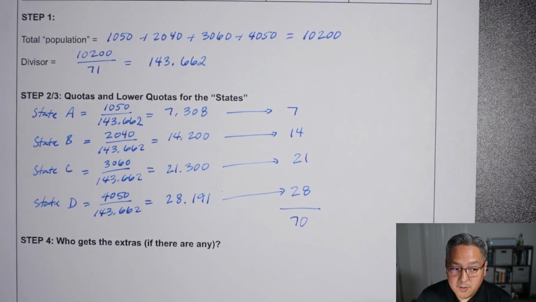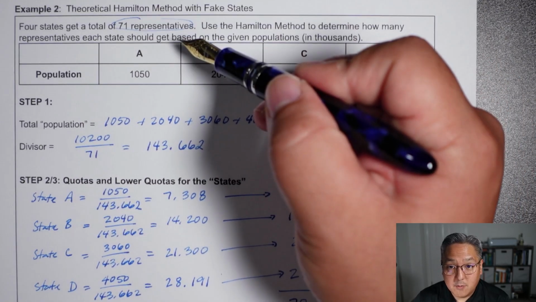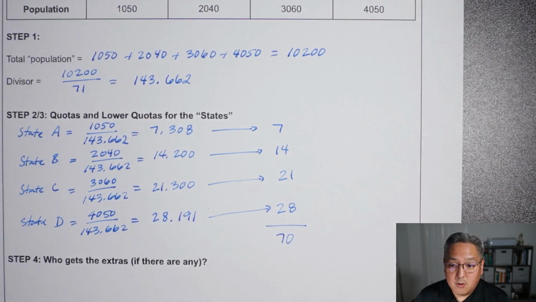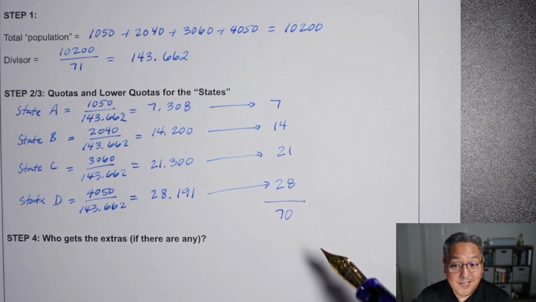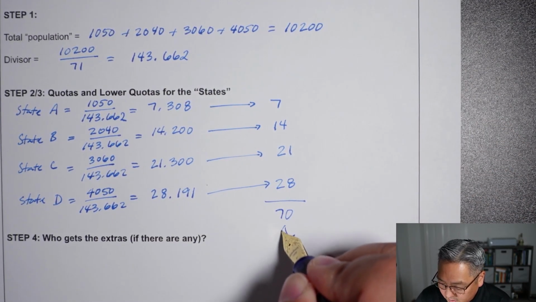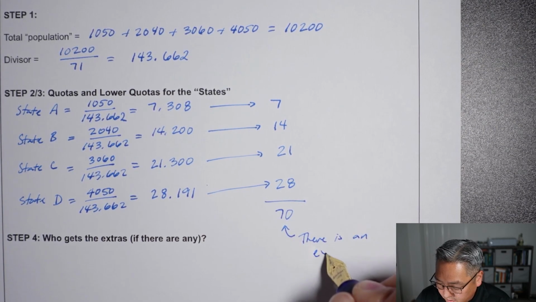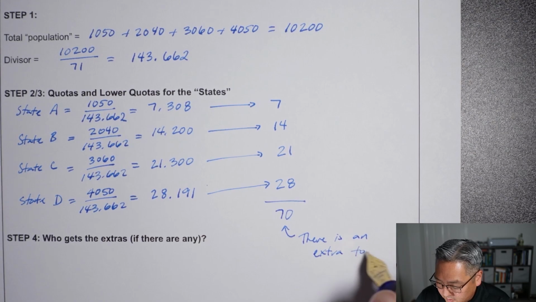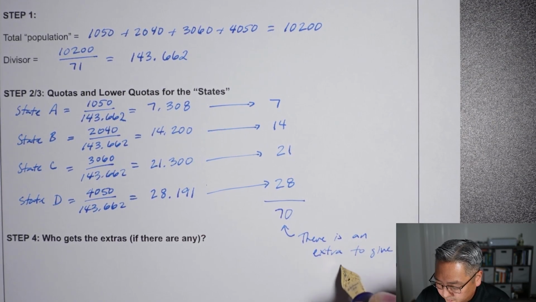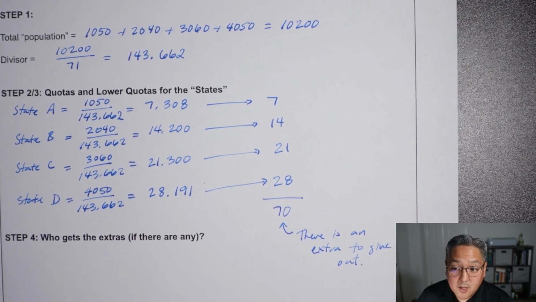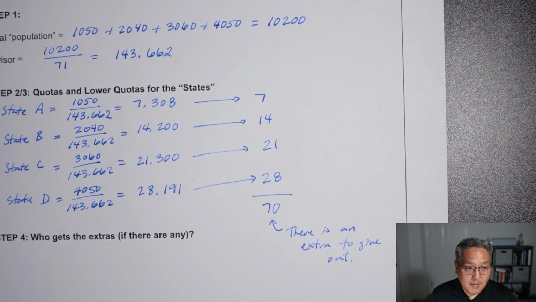So we had 71 that we were trying to give out, but we only have 70 that we actually gave out. This means there is an extra to give out. Okay, now according to the Hamilton method, who gets the extra?